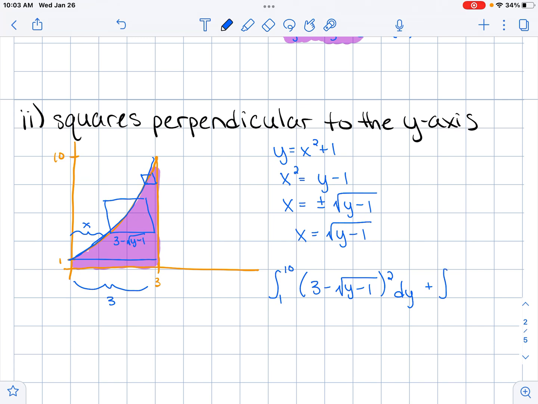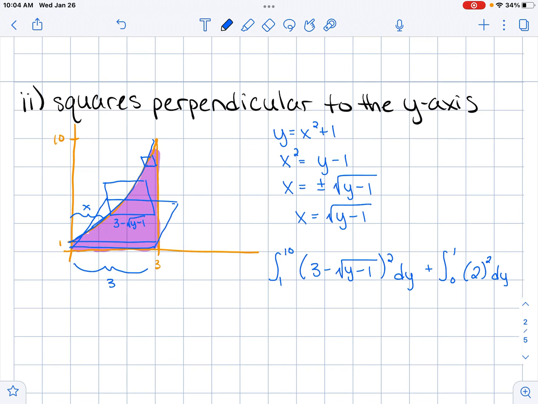Every single square that is perpendicular to the y-axis, and we're going to put an infinite number of them, every single one of them has a base that's 2 units long. So from 0 to 1, to find the area of those squares, each one is 2 times 2, and we'll go from there.